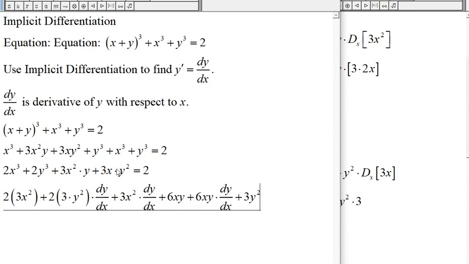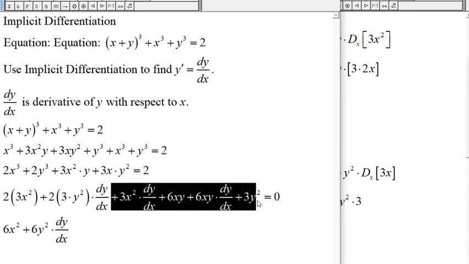So the derivative for this product is this part, and then on the right side, the derivative for the constant 2 is just 0. So we get 6x squared plus 6y squared dy dx, and then the rest just the same.